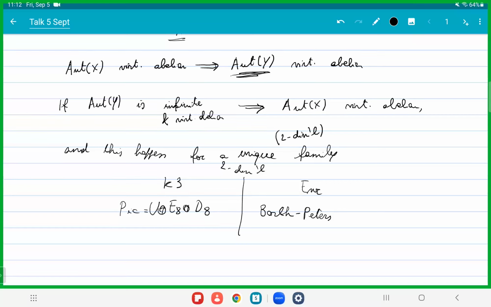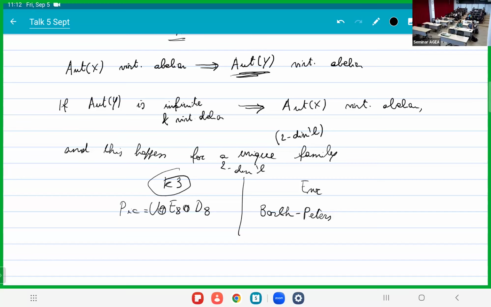For instance, if I'm not mistaken, these K3s also admit a symplectic involution, so one can also study this K3 surface from the point of view of symplectic involutions. They are super well studied, and it was interesting for us to do the classification and to see that this is the only family. So it is special in some sense, and it has been studied many, many times. Right. Thank you.